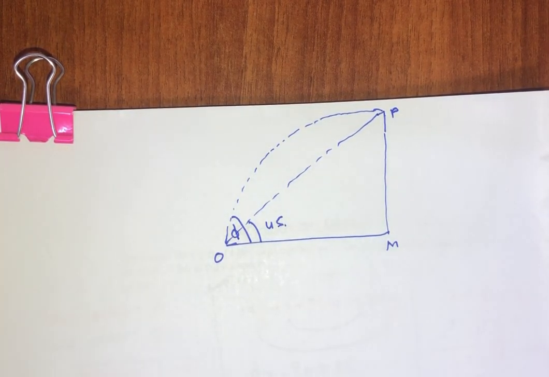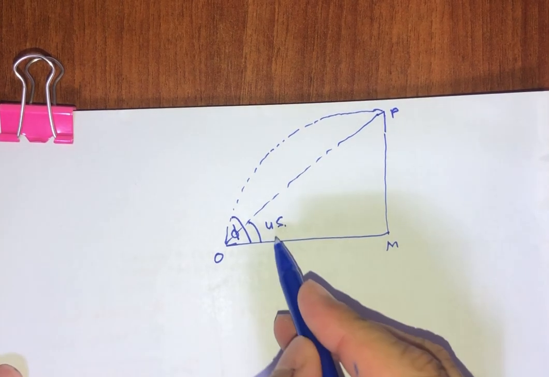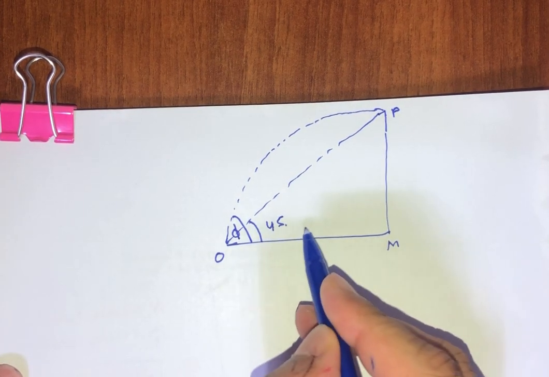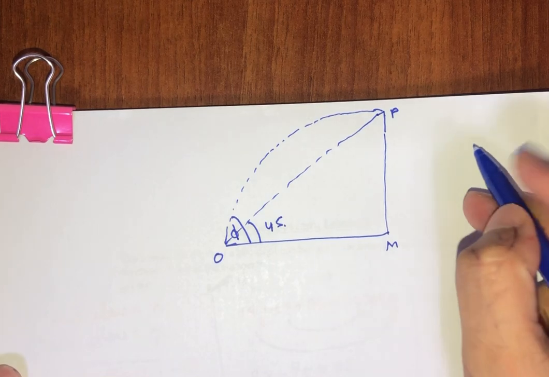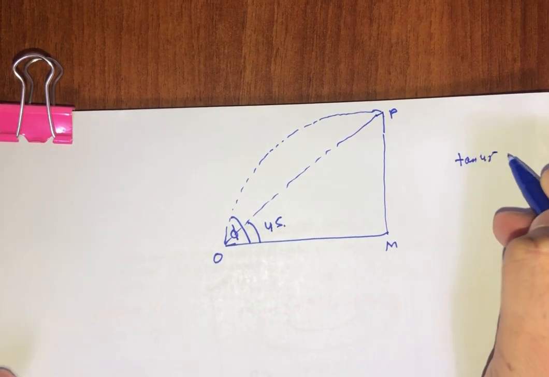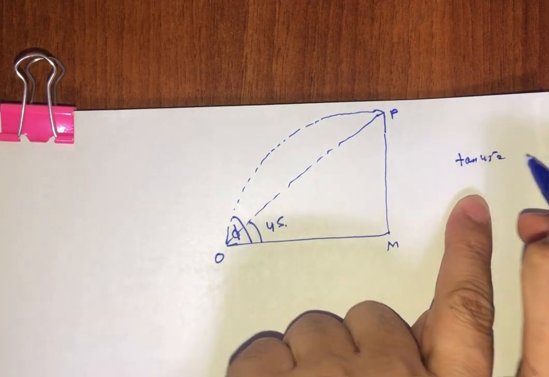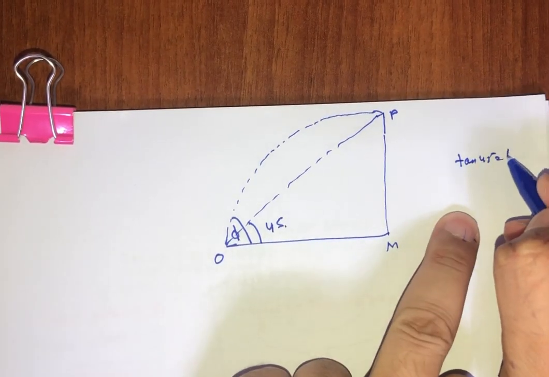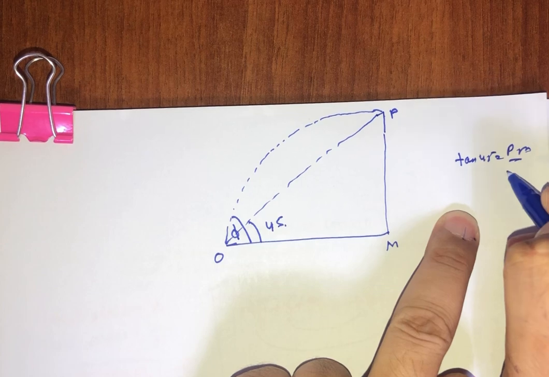As this is 45 degrees, tangent of 45 will be equal to PM divided by OM.